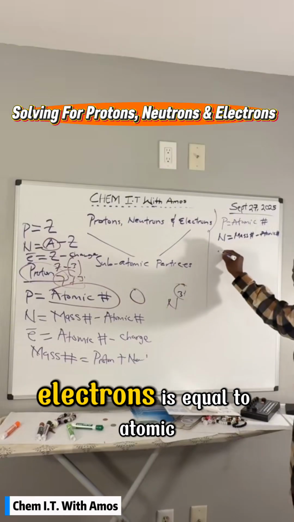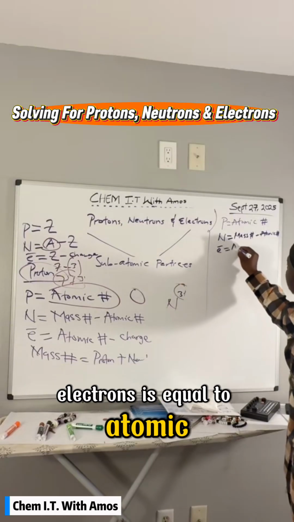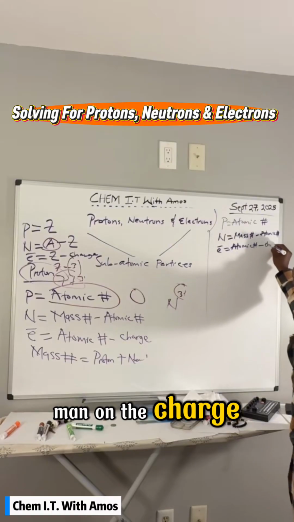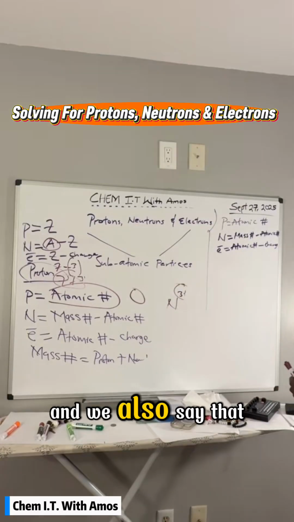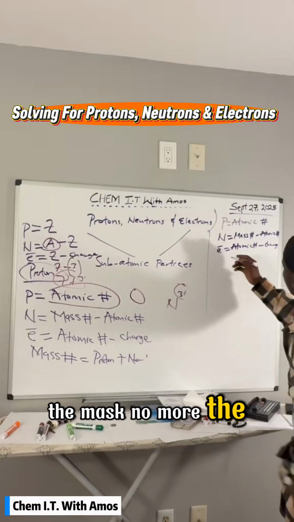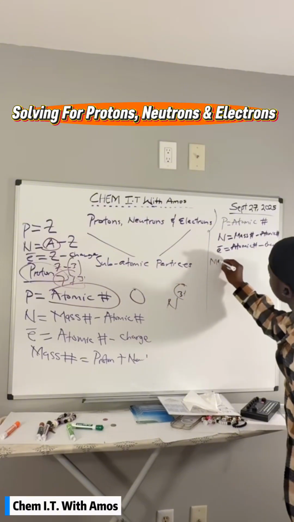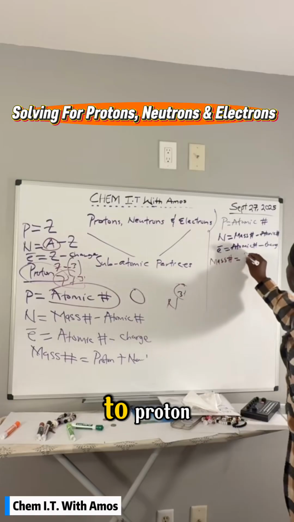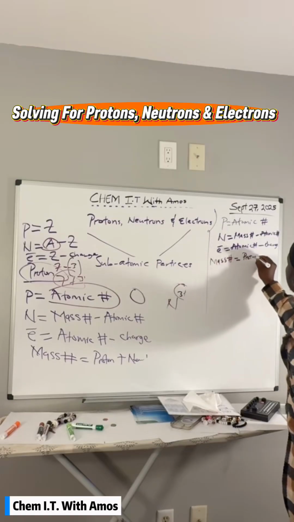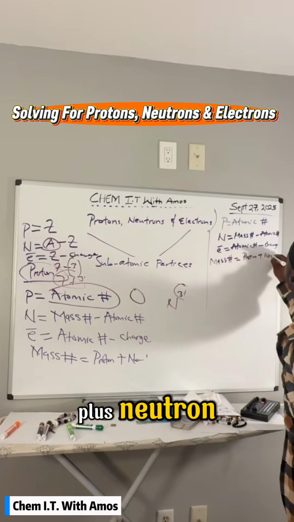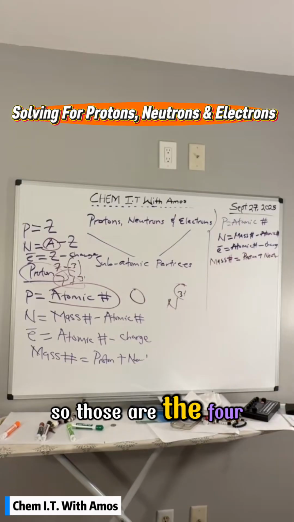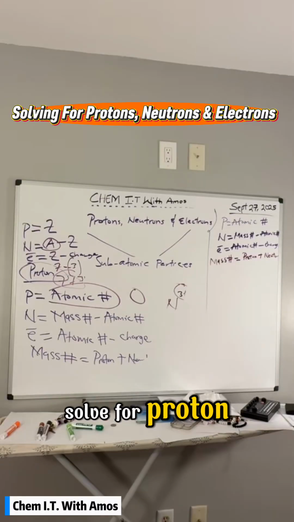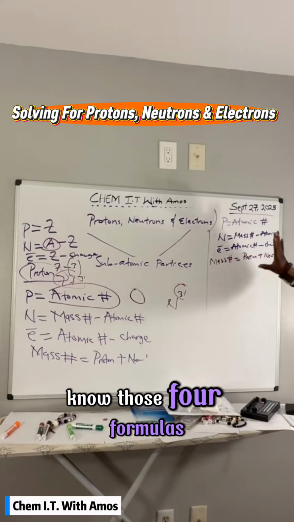And we also said that electrons is equal to atomic number minus the charge. And we also say that the mass number is equal to proton plus neutron. So those are the 4 formulas that you should know if you have to solve for proton, neutron, or electrons. So you should know those 4 formulas.